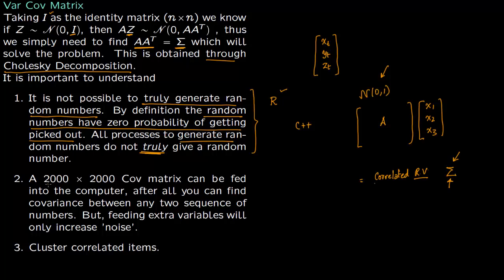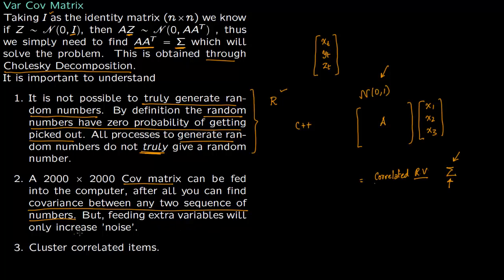Now another point is, you can feed in as big a covariance matrix as you want to. You can feed in a 2000 times 2000 covariance matrix into your computer. You just have to buy a bigger computer, because you can find covariance between any 2 sequences of numbers. So give me 2 sequences of numbers, you can find a covariance between them.